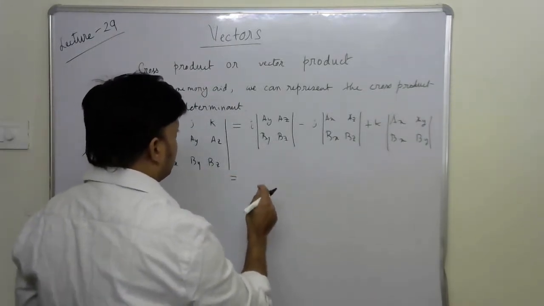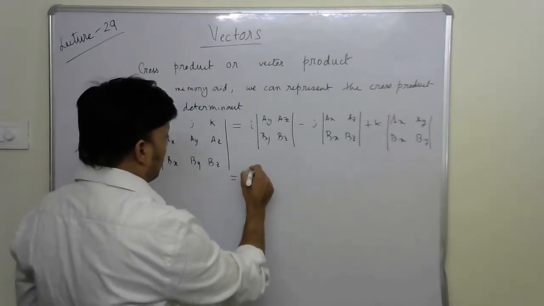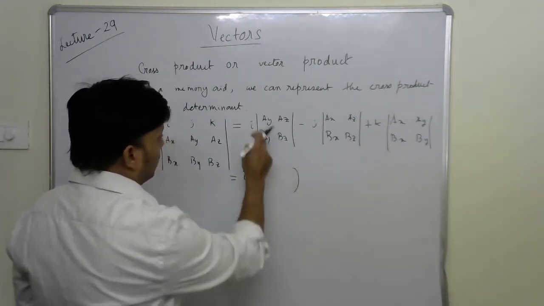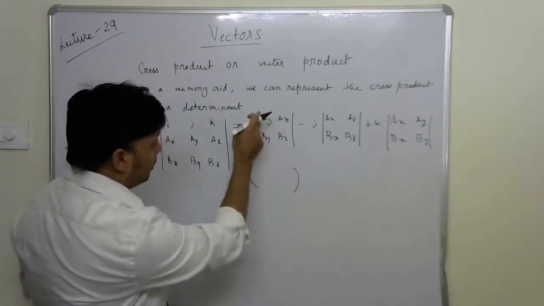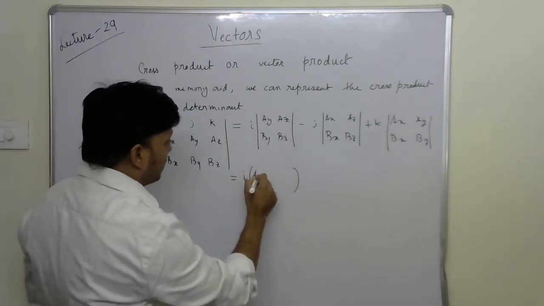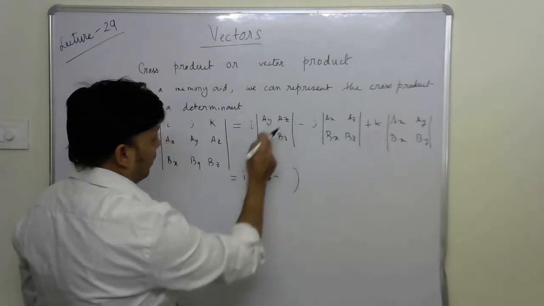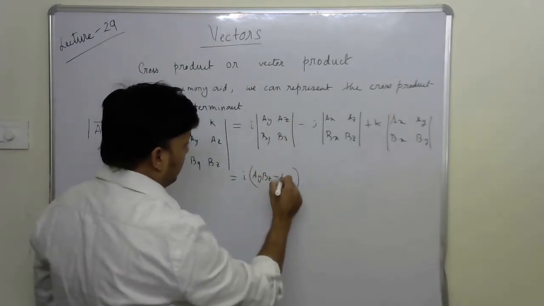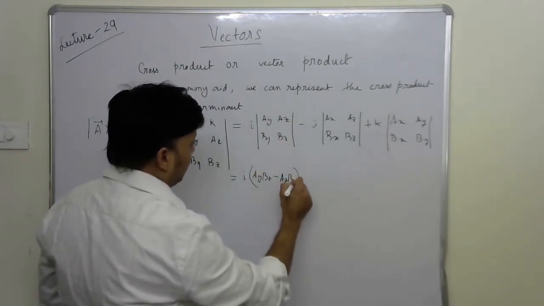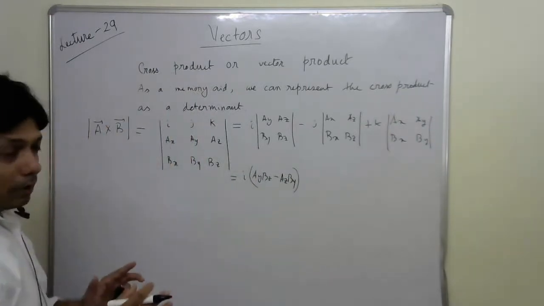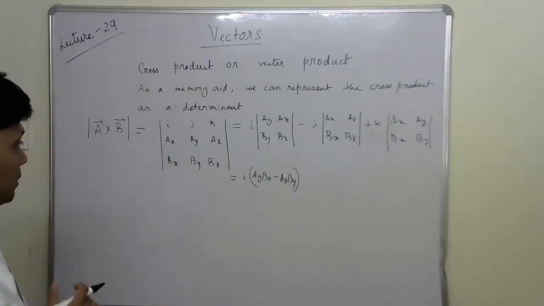We have i multiplied by, from left it will go left diagonal, aybz, minus the right diagonal, azby. Now it doesn't matter whether you write az first or by first, it absolutely doesn't matter.